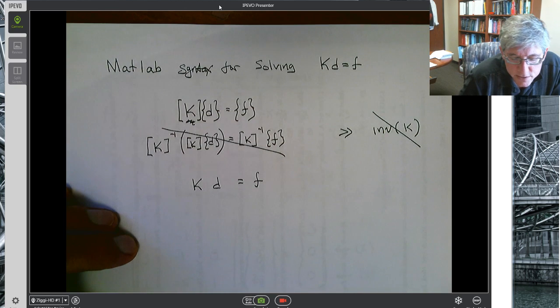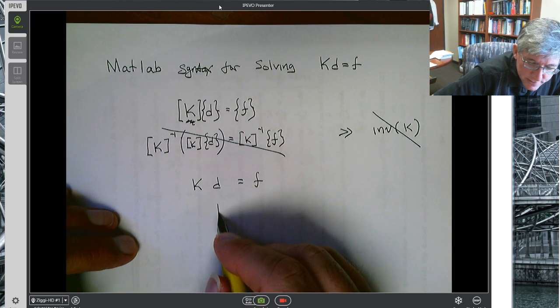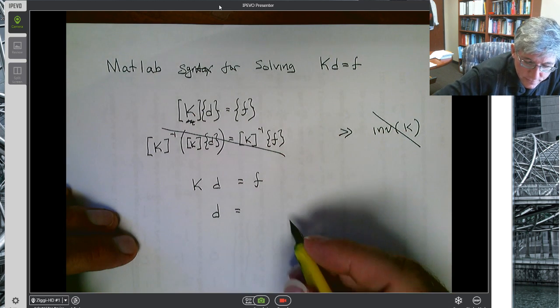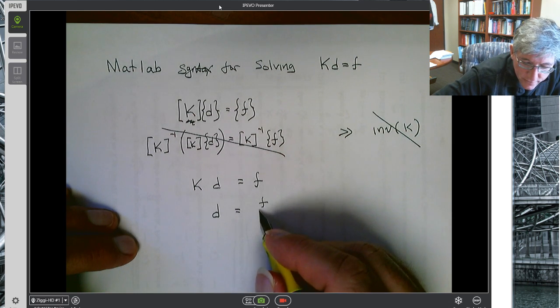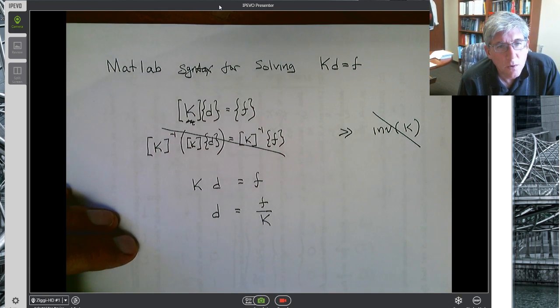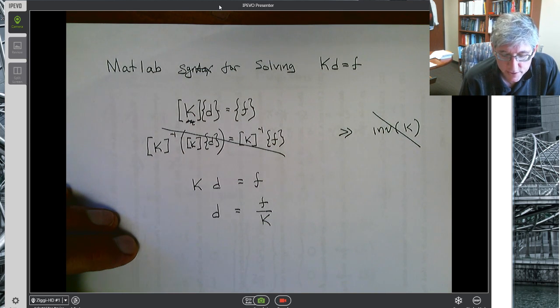So if you wanted to solve for D in some sense, using this sort of abstraction, it would be F over K, or 1 over K, which is K inverse using mathematical notation, right?